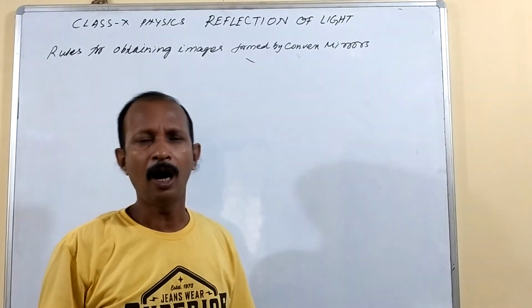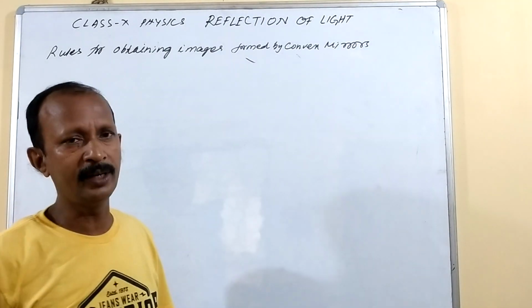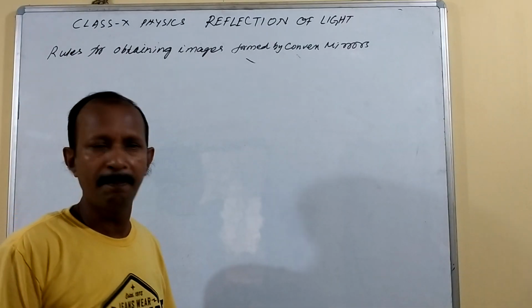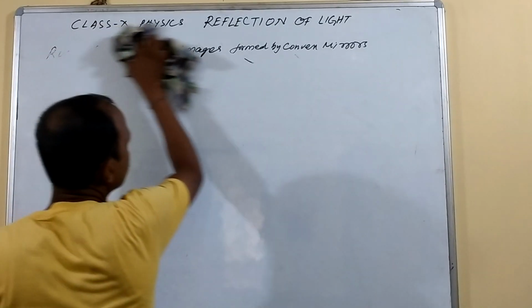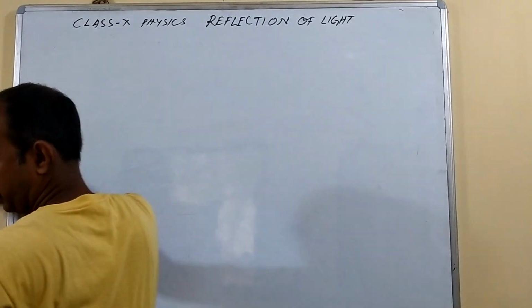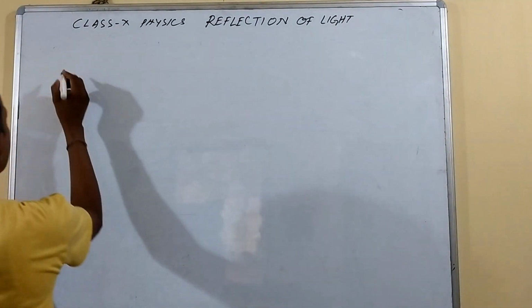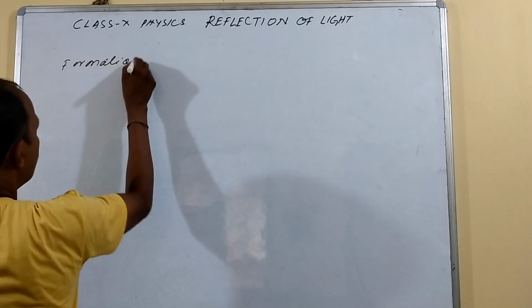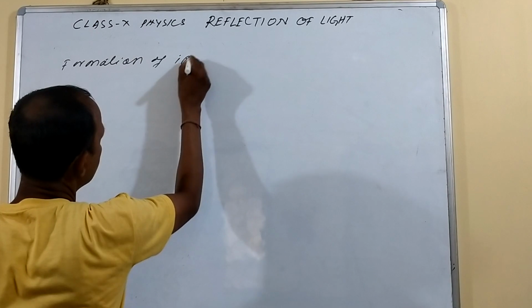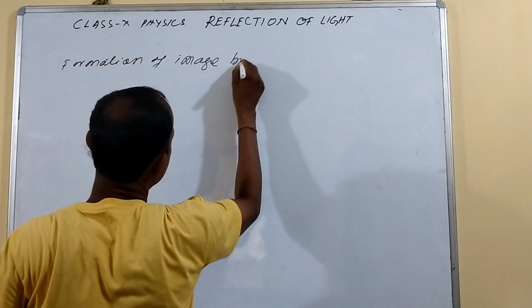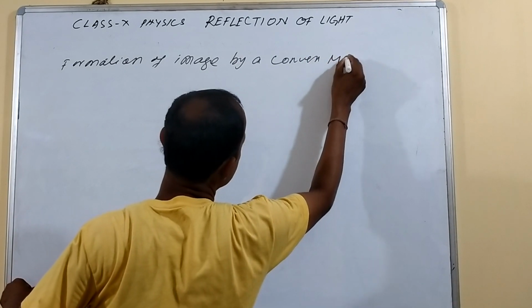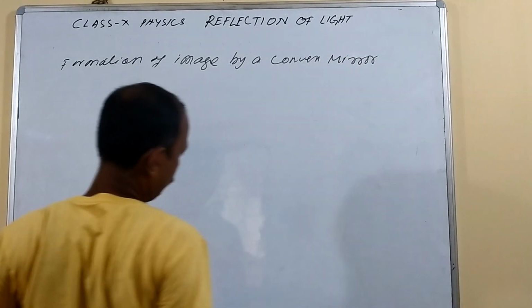The second one is the object may be at infinity. So I am going to say formation of image by a convex mirror. Listen carefully.